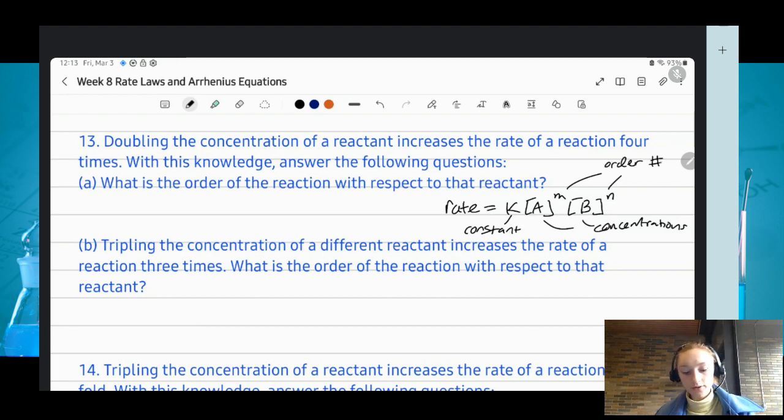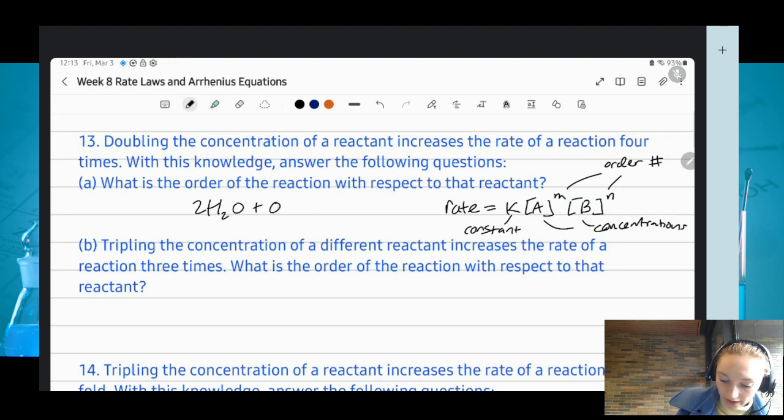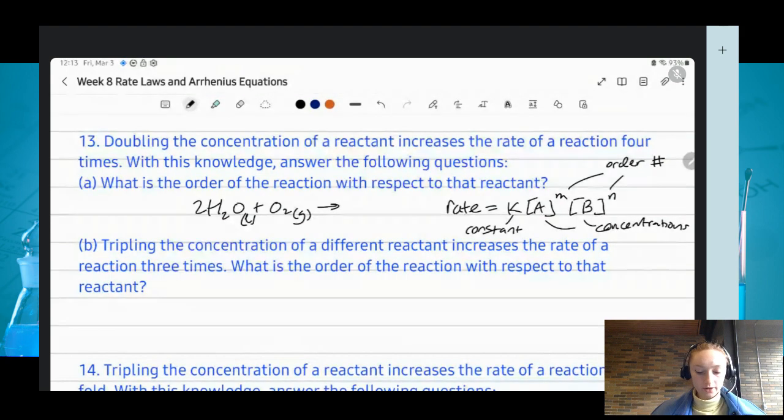And so the order number in a chemical reaction, if we have like 2H2O plus O2 gas, and it goes to, whatever. The order number is simply the coefficient that is in front of the molecule. So that's how you know the order number from the chemical reaction.